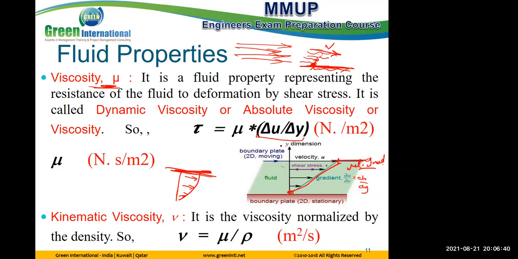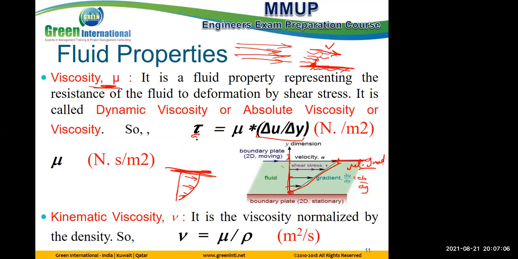And second name, rate of shear strain, or rate of strain, whatever. Clear? So this one is the direction or position, y, and this is the velocity distribution.